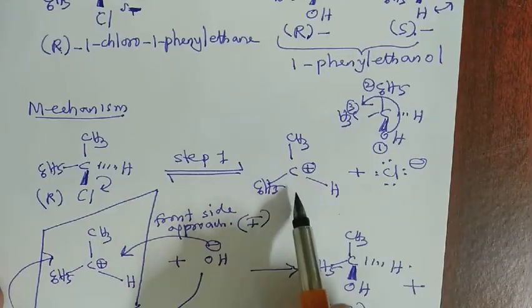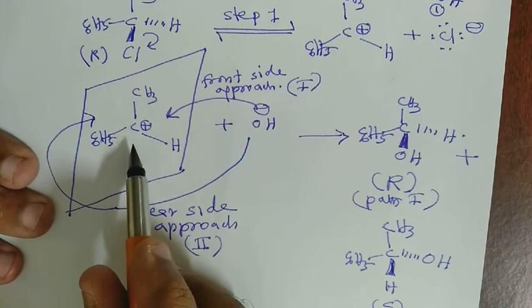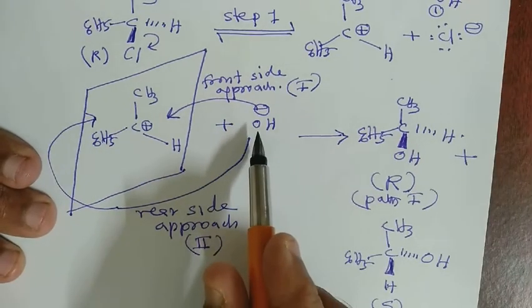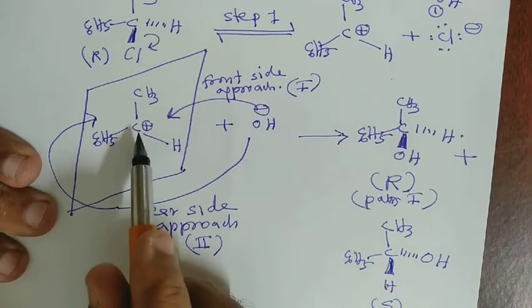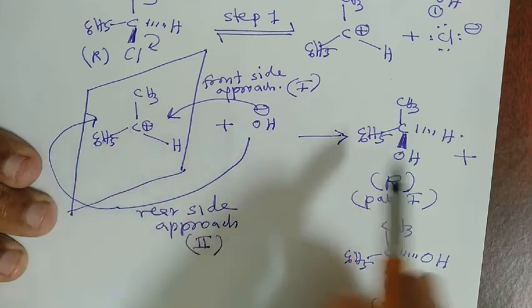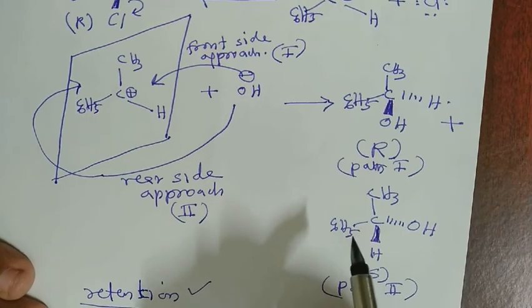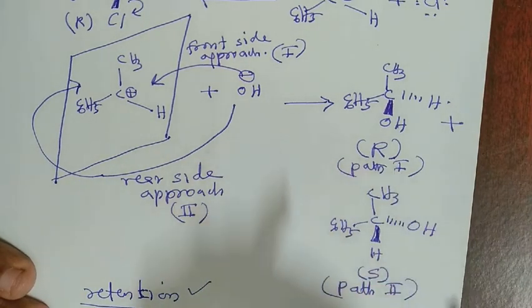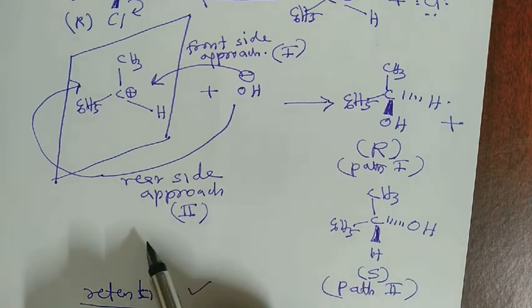So once again repeating, stereochemistry of SN1 reaction. The intermediate carbocation is planar, therefore the nucleophile can approach the positively charged carbon from both sides, giving a mixture of products having both R configuration and S configuration in the case of optically active alkyl halides.